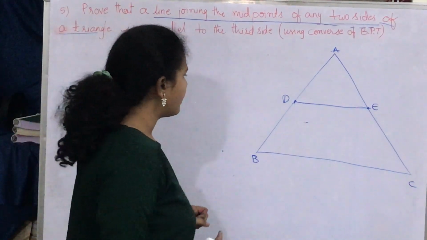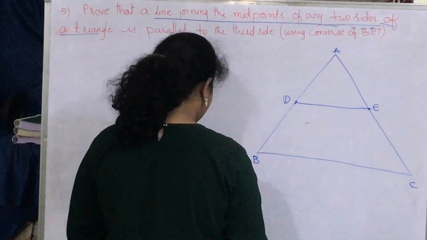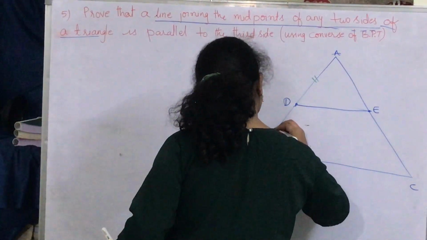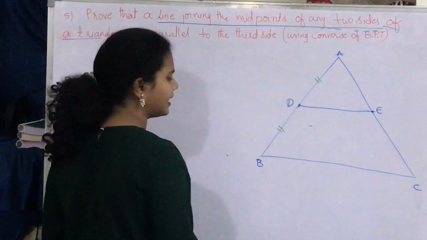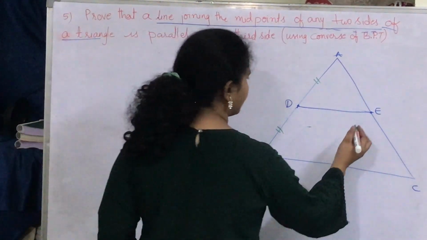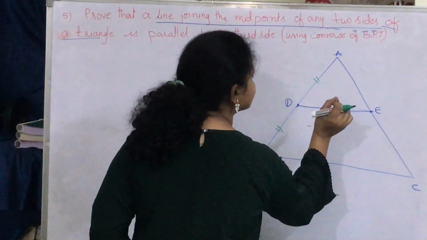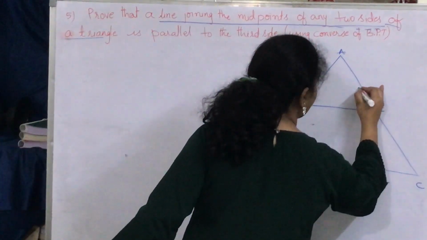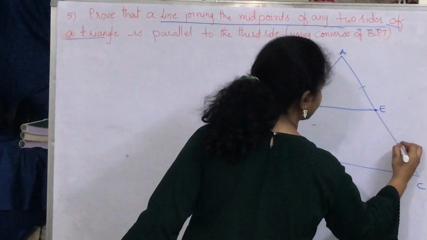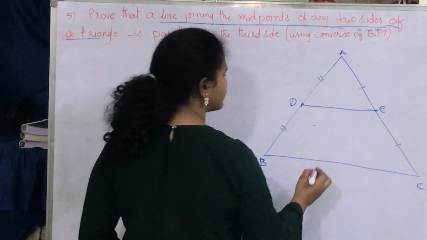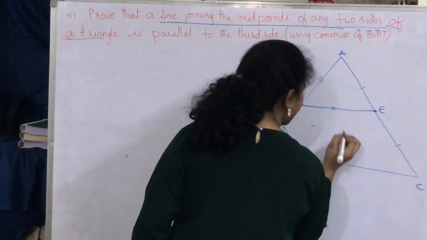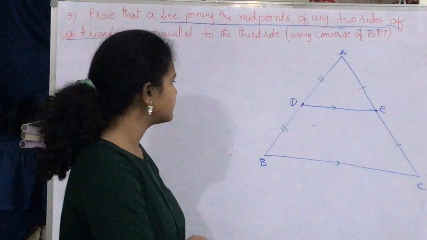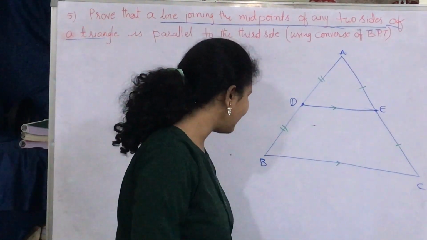So we can just write that AD is equal to BD, and E is an exact midpoint of AC. Thus we can say that AE is equal to EC, and we must prove that DE is parallel to BC.